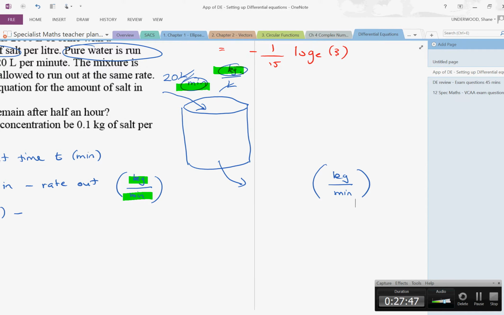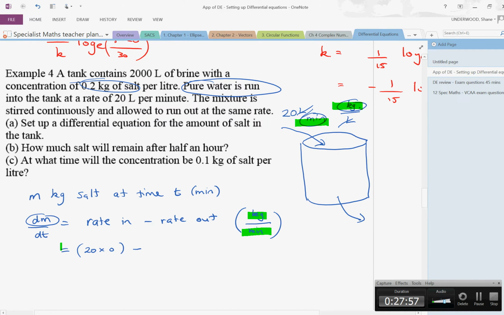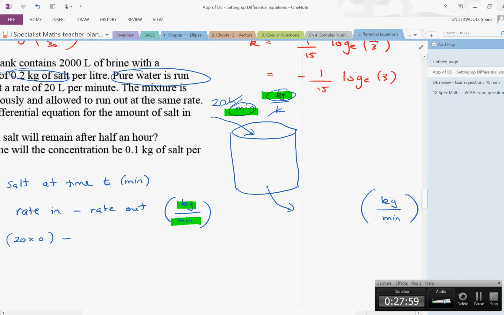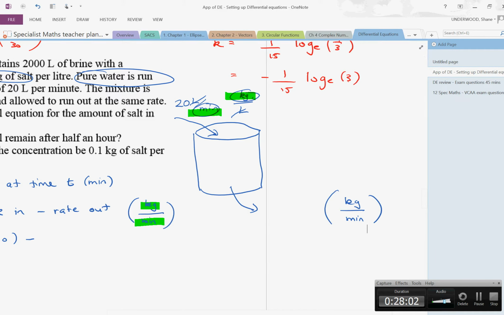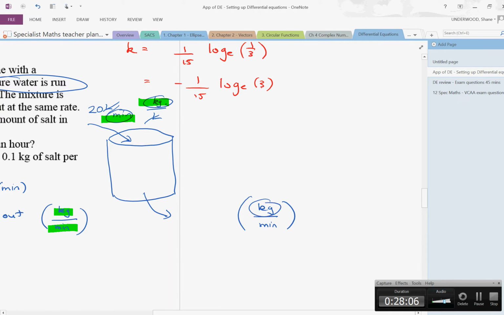So how many kilograms of salt is in there? We've got 0.2 kilograms of salt per litre as the concentration. So don't we want kilograms and we want a minute?